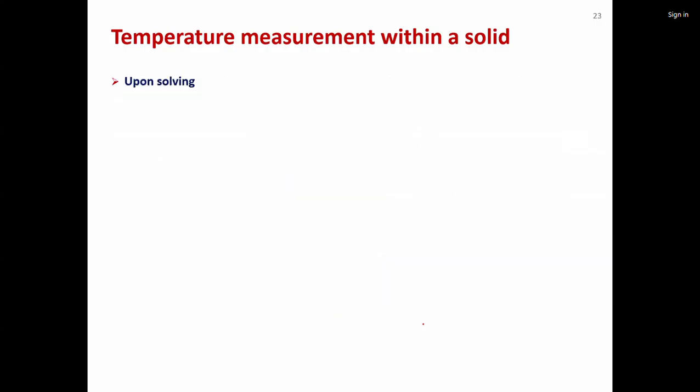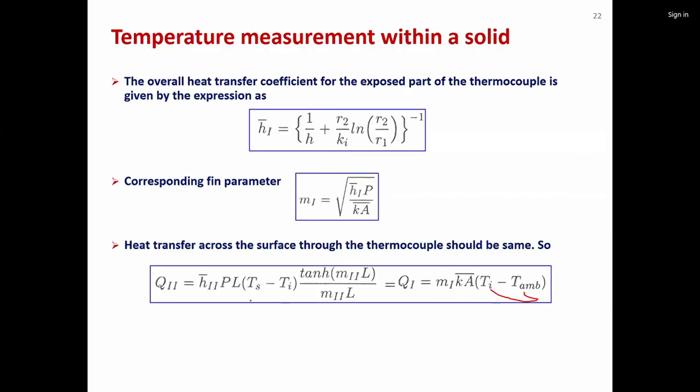So overall heat transfer coefficient there into perimeter into length into the temperature of the solid minus the temperature of the interface into tanh(M2 L) over M2 L. So this is the formula for heat loss through a fin of finite length L, which again you can get from a heat transfer book.